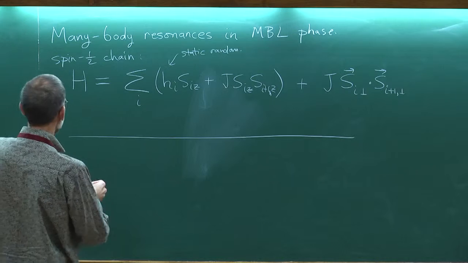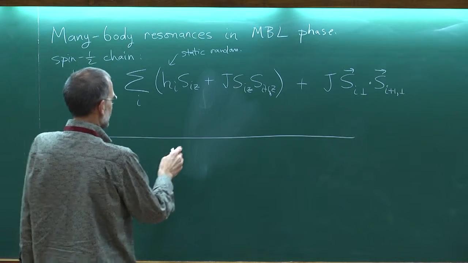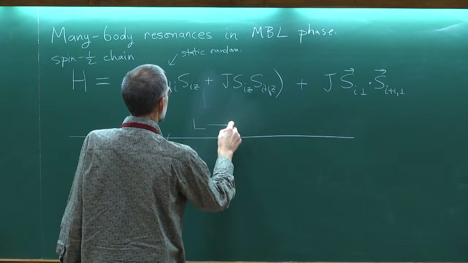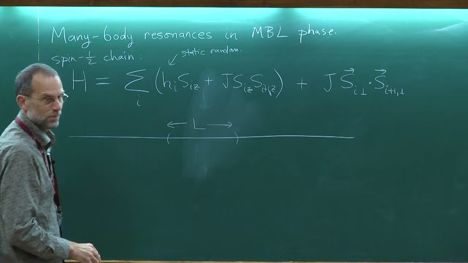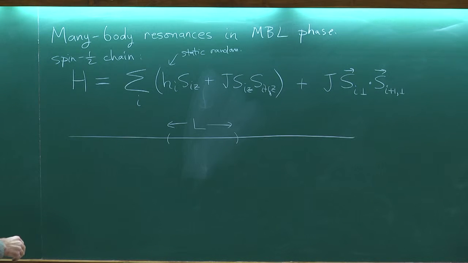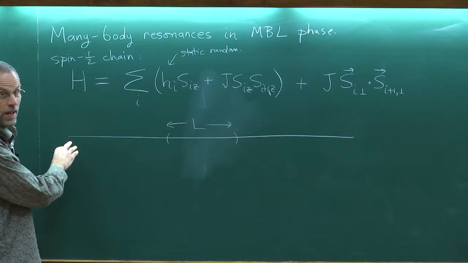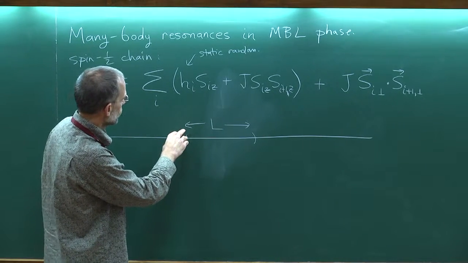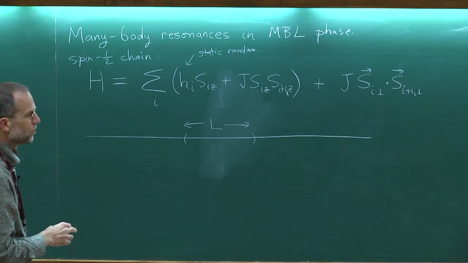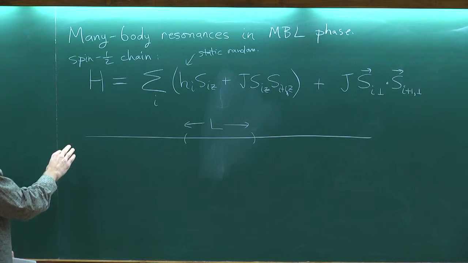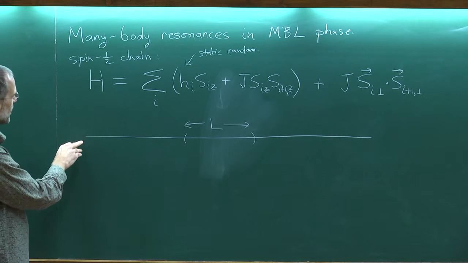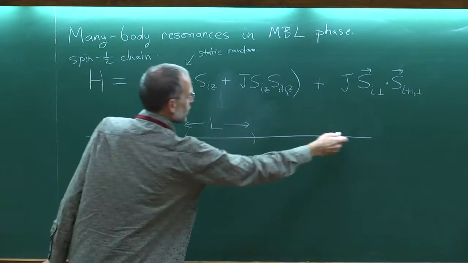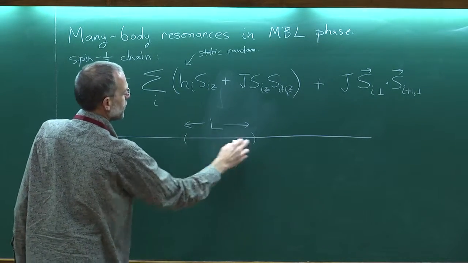And let's take a particular region of this system of length L, so L sites. And what I want to ask about is resonances within this region. And so what that means is I want to consider all states that are identical in this region, and identical in this region, but I can flip the spins in here.